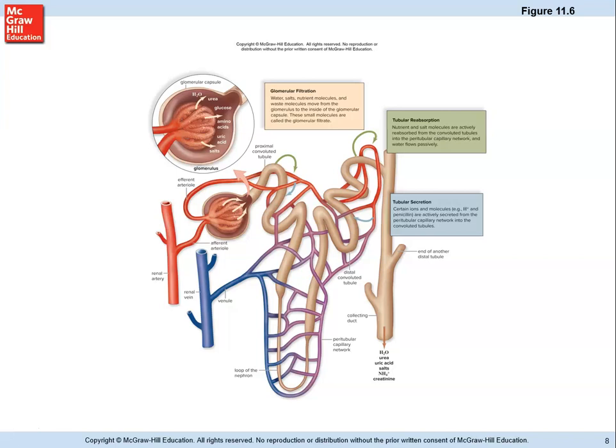And this is the only place where nutrients are reabsorbed to a great degree. And so that means that the sugars, the fats, the proteins, that sort of thing, need to be reabsorbed here.